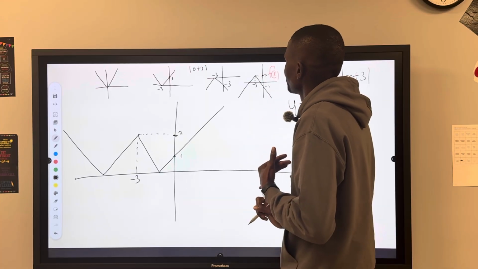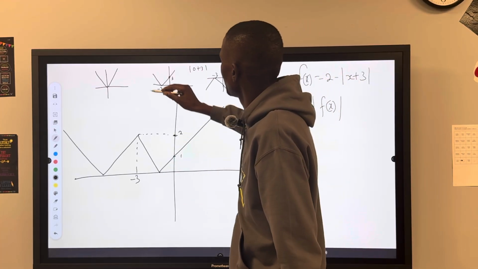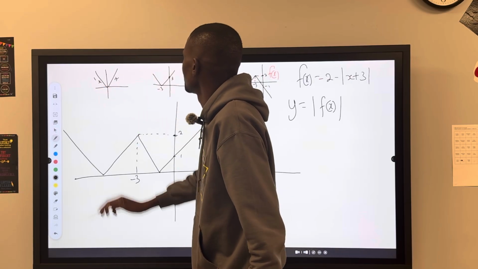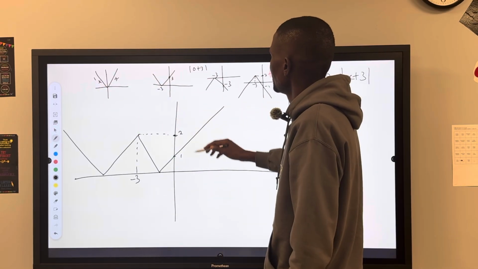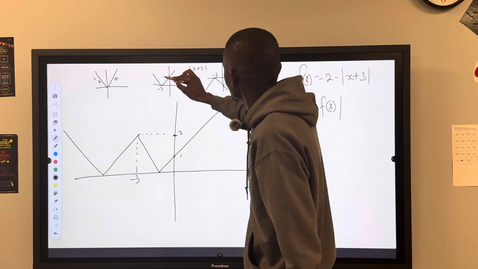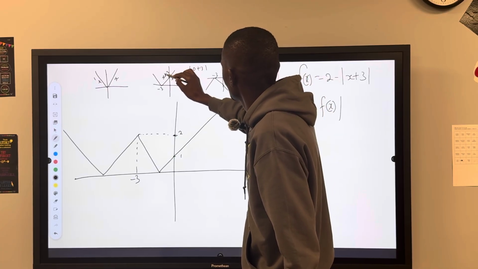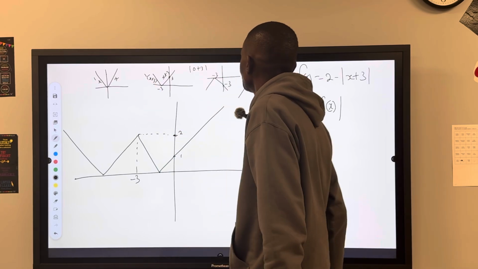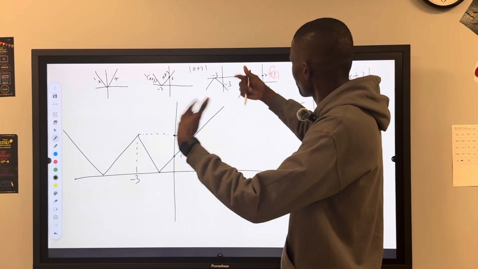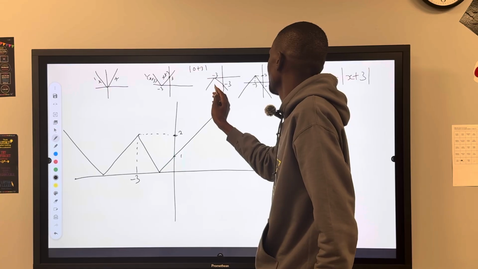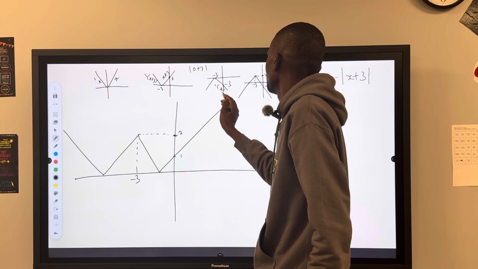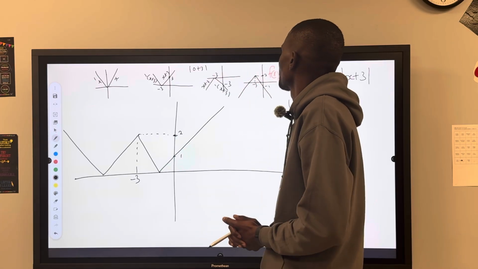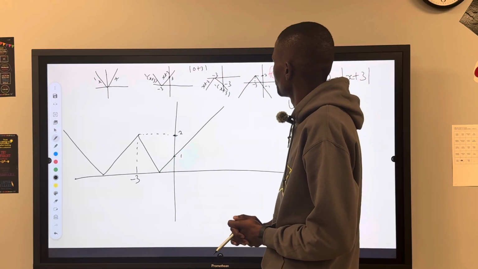So for our graphs, remember this was x, this was -x, right? And here it was x plus 3 and negative of x plus 3. So when we reflect now, this was negative of x plus 3, and here it's just x plus 3, a negative of that.